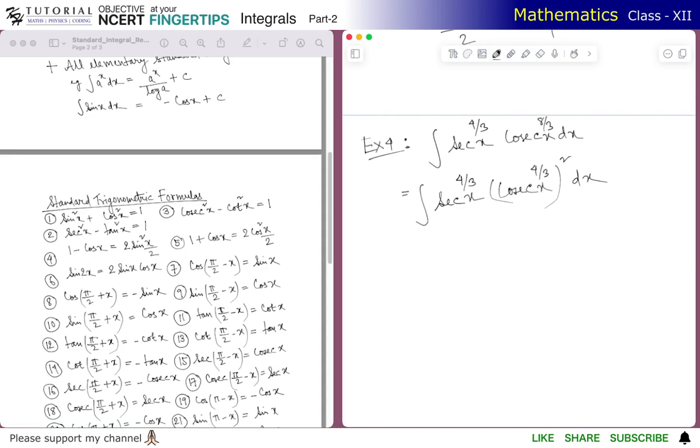What is the differentiation of sec x? Sec x tan x. The derivative of cosec x is minus cosec x cot x.